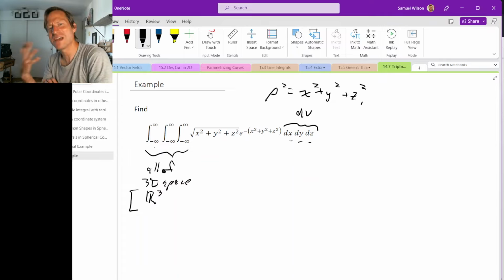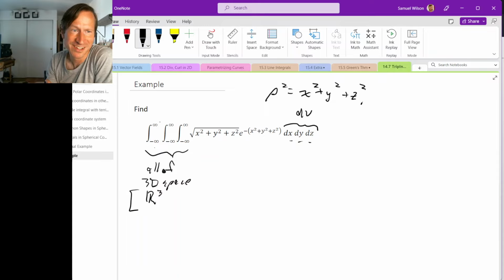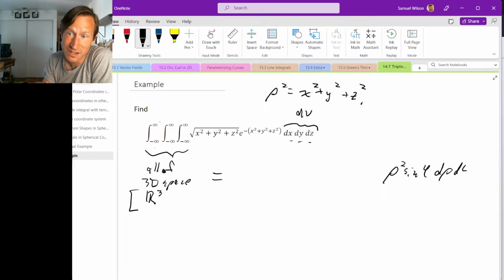So now that we have the idea to use spherical coordinates, let's dive in and actually do it. So let's start with our bounds, I guess. dV is rho squared sine phi d rho d phi d theta.